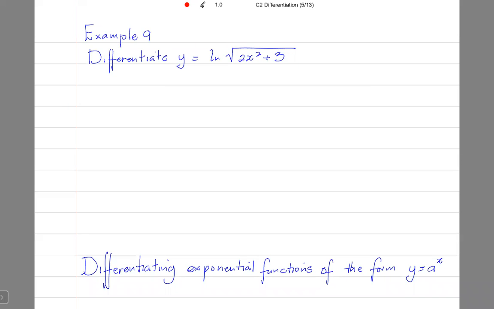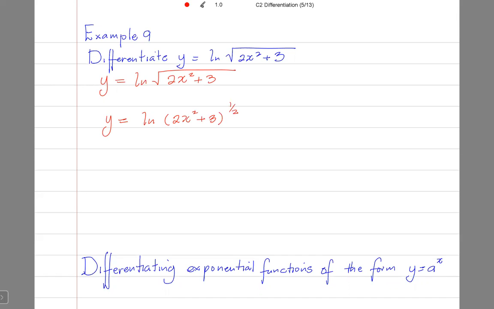All right, so y is equal to ln of the root of 2x squared plus 3 is the same as saying y is equal to ln of 2x squared plus 3 raised to the half power.